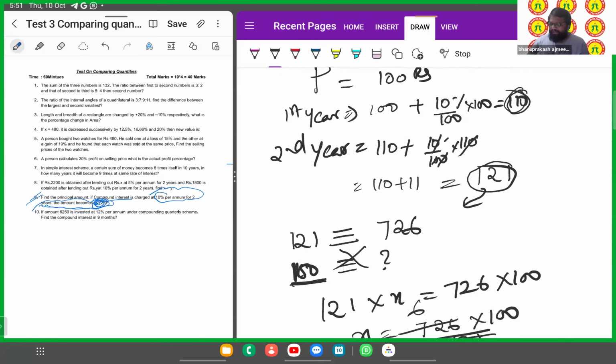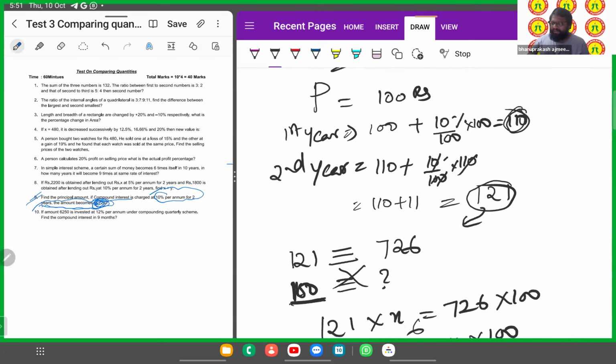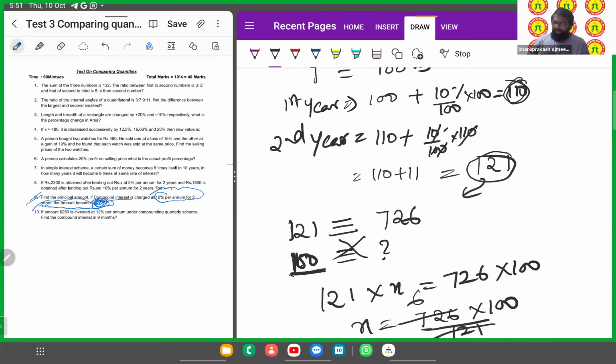So for 121 of interest, initially I considered 100 rupees. Initially I told you we are taking principal as 100 rupees only for mathematical calculation convenience.